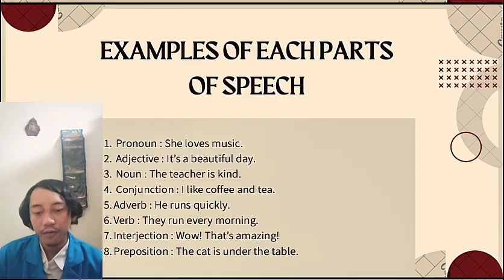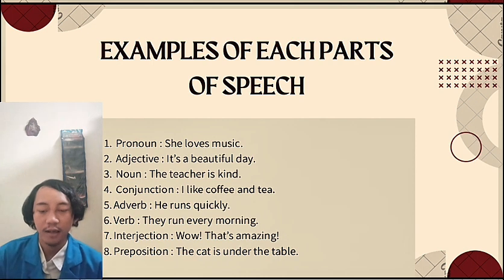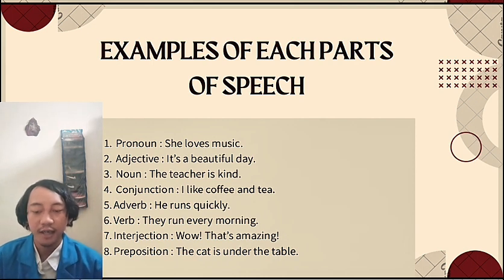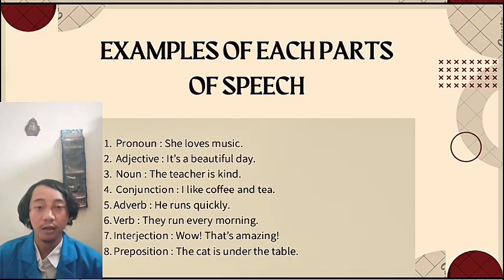For example, he runs quickly. Six, verb. For example, they run every morning. And seven, interjection. For example, wow, that's amazing. For the last one, preposition. For example, the cat is under the table.